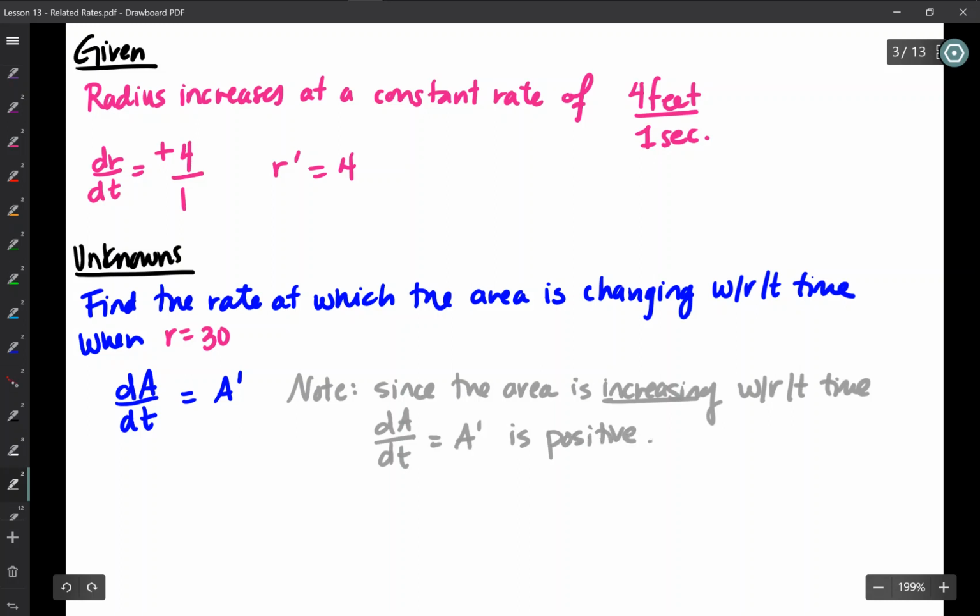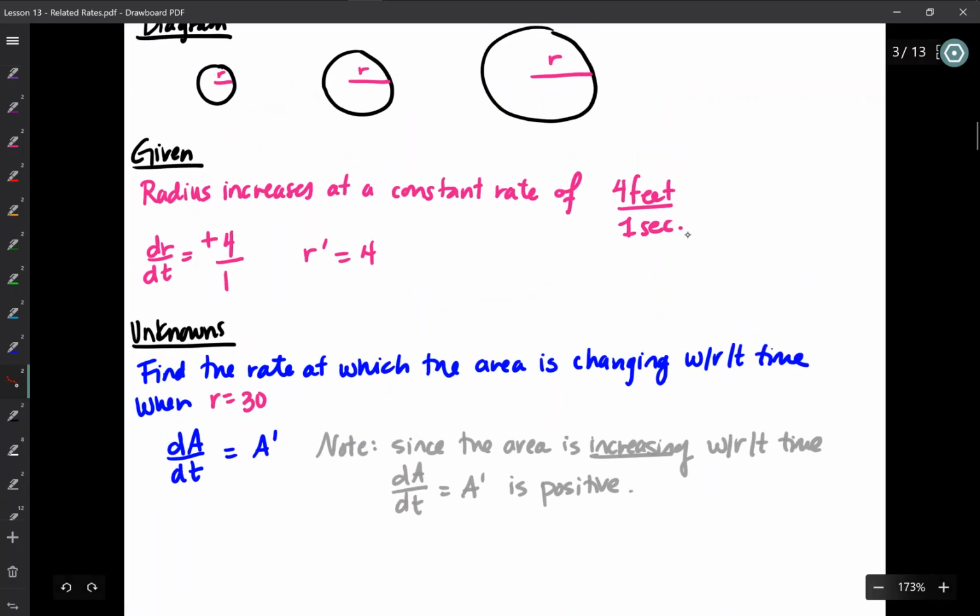So that's what they're asking me to find, that derivative, that rate of change. They gave me a particular rate of change and they're asking me to find another rate of change. The given rate of change has to do with the radius. The unknown rate of change has to do with the area.